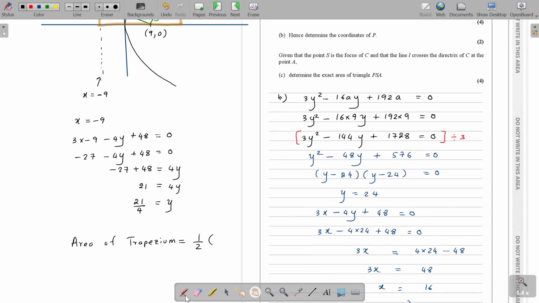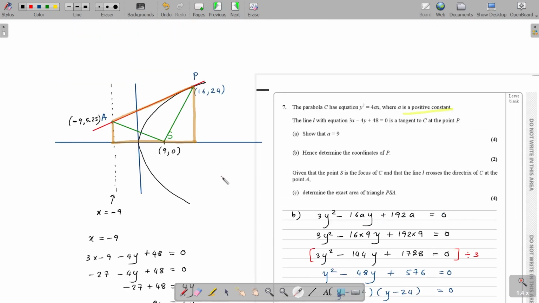Into how much is the height? What's the perpendicular distance between the two parallel lines? The x coordinate here is 16 and the x coordinate here is -9. So end of the day, how much of a distance do I have from -9 to 16? Add the 16 and the 9. The length is 25 units.